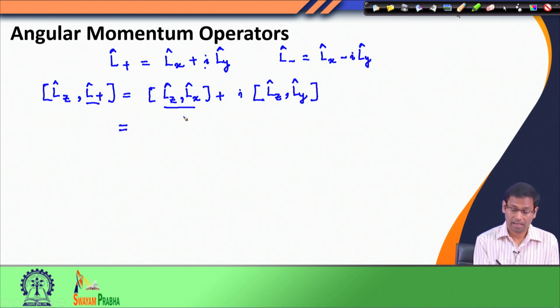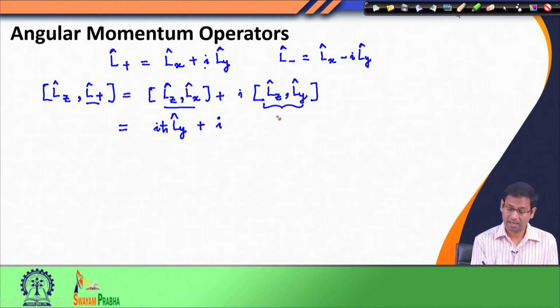I know Lz Lx, when I evaluate this commutator, I get I h bar Ly, plus I times Lz Ly would be minus I h bar Lx.